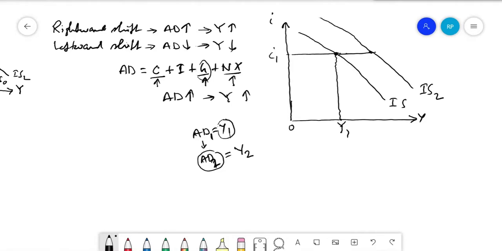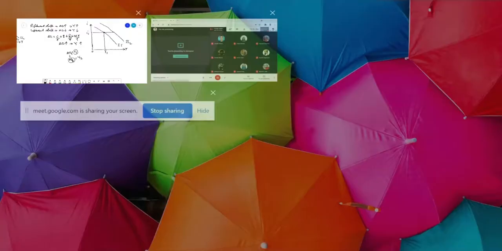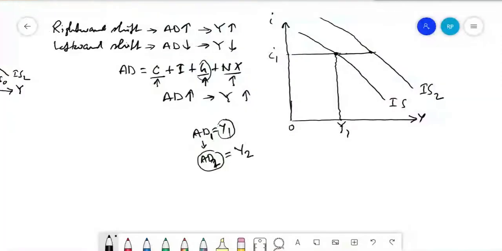So the same logic you can apply there. Suppose your aggregate demand is going to decrease. Suppose your C is going to decrease, or your G is going to decrease, or your net export is going to decrease, for any reason.